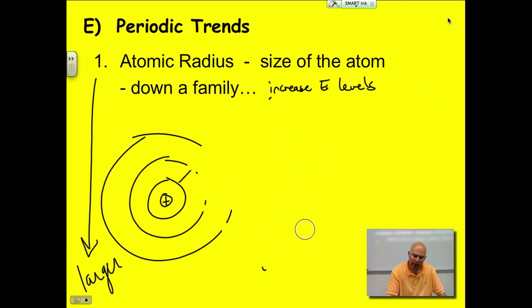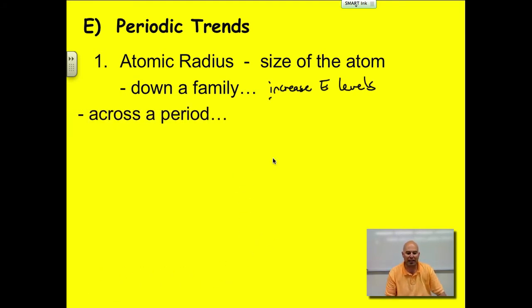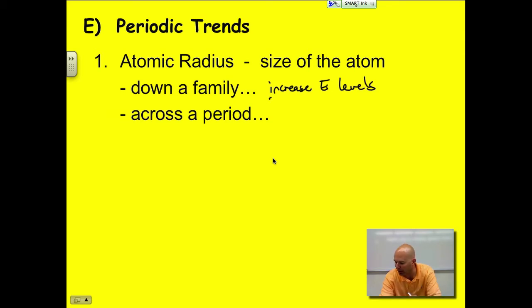The other thing we want to notice is what it does across a period. So across a period, as you go from left to right, the atoms actually get smaller. You might say, well, wait a second, there's more protons, more electrons, shouldn't you get bigger?